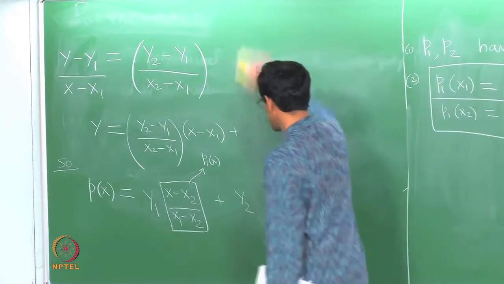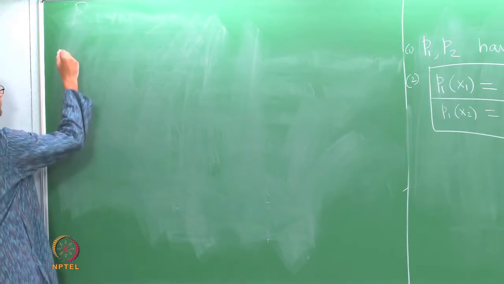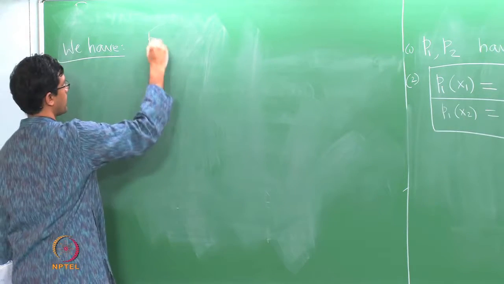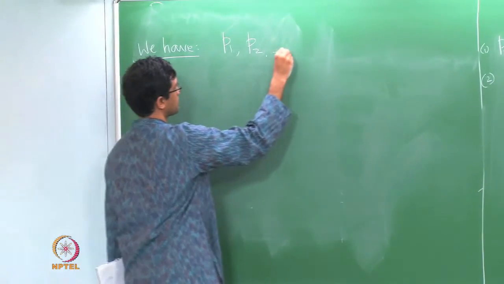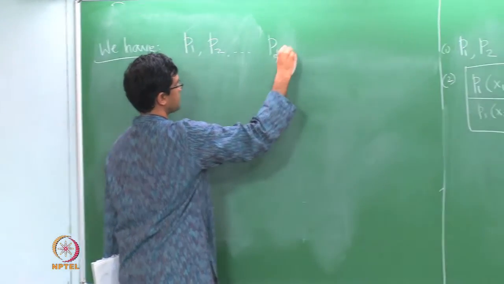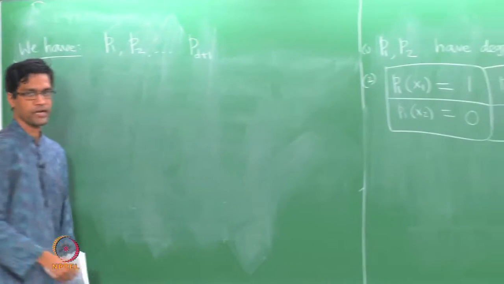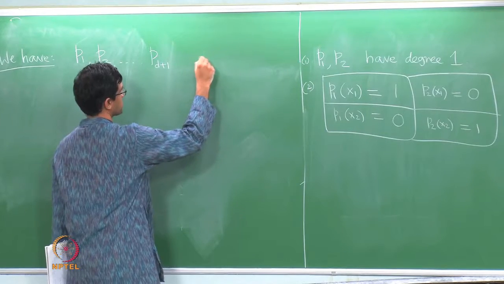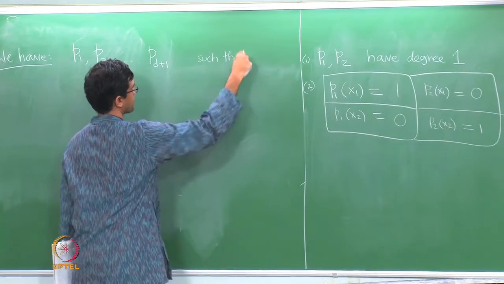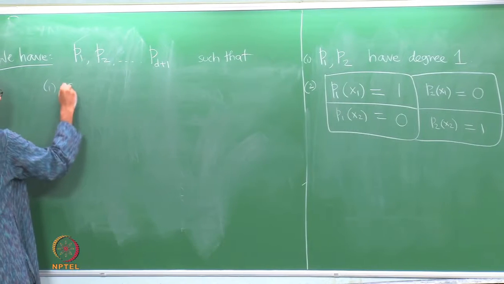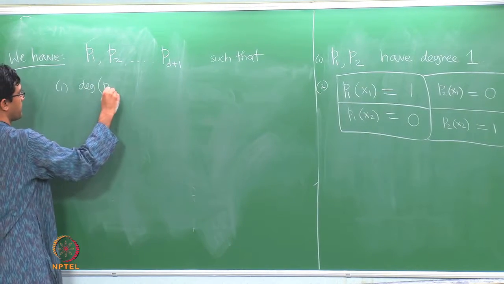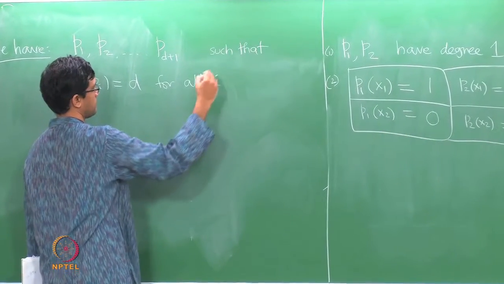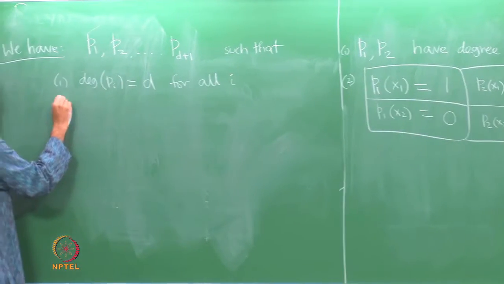So now why is this useful? So what do we have? We now have many polynomials, p1, p2, up to p d plus 1, right. We have a formula there which works for every value of j, and they have the following properties. What do we know about them? Well, they are all of degree d, degree of pi equals d for all i, by all i I mean all i from 1 to d plus 1.